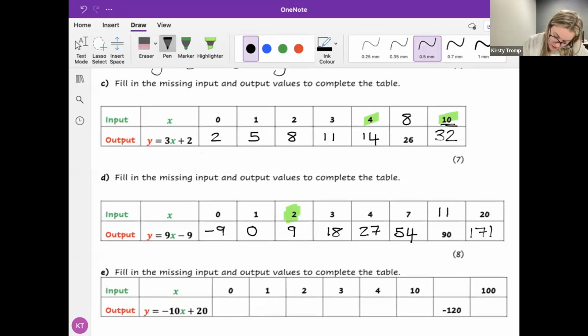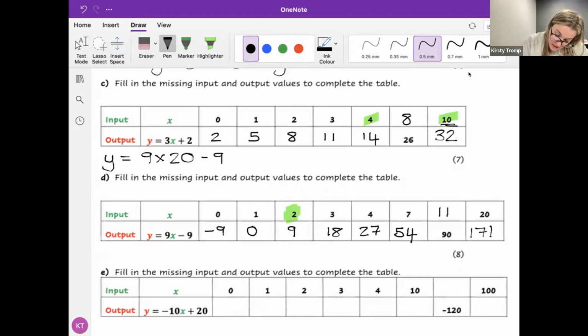Okay, let's go have a look. So you're going to say y is equal to 9 times 20 minus 9. What's 9 times 20? It's 0, ma'am. No, definitely not.